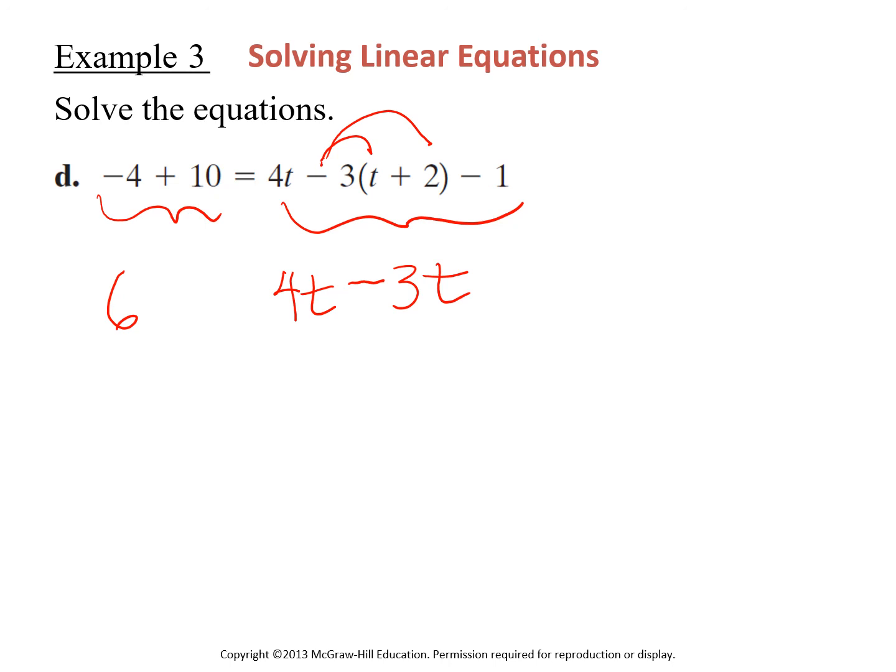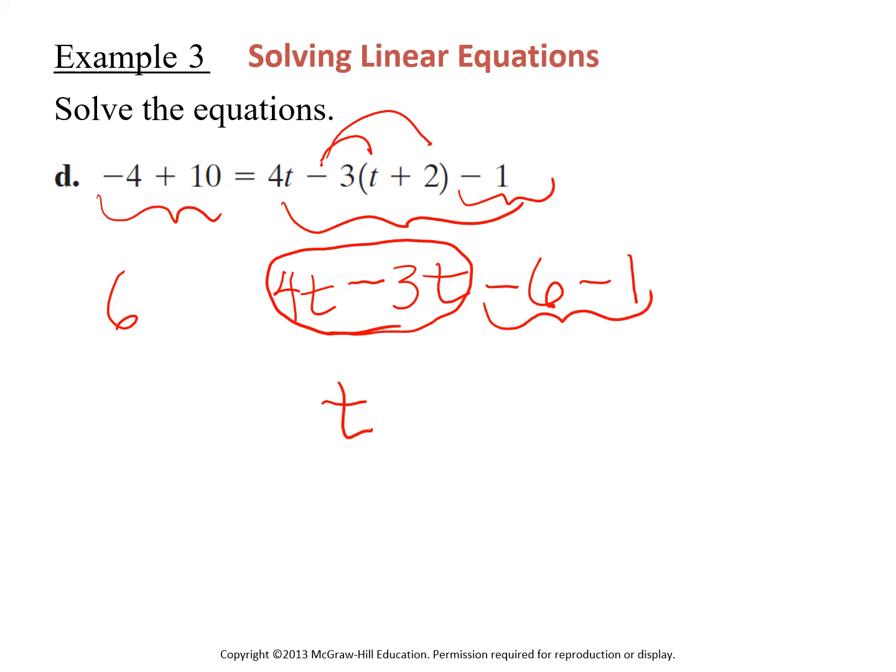Negative 3 times positive 2 is negative 6. And then I'm going to bring down this negative 1. So I'm going to combine the variable terms. 4t minus 3t is 1t. And then negative 6 minus 1 is negative 7.